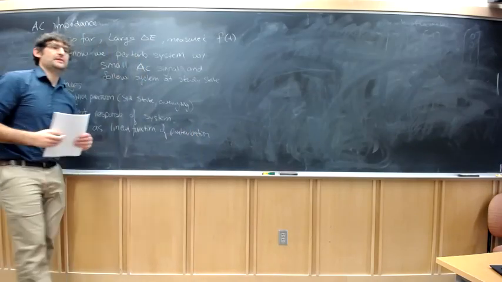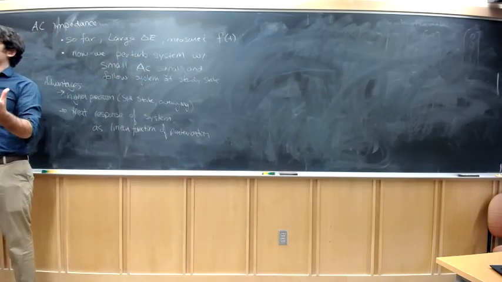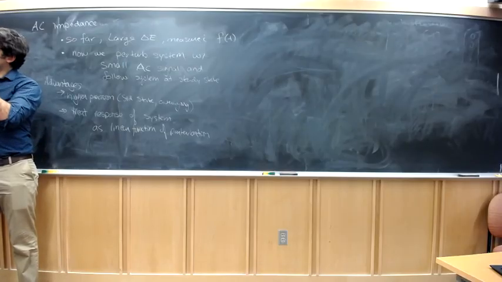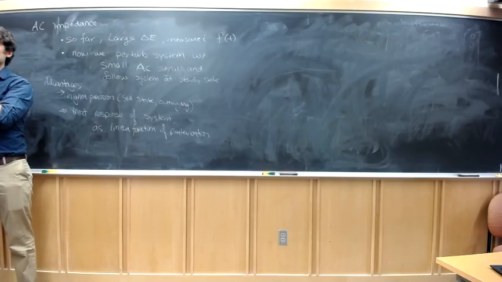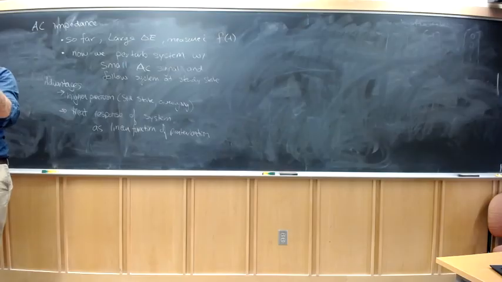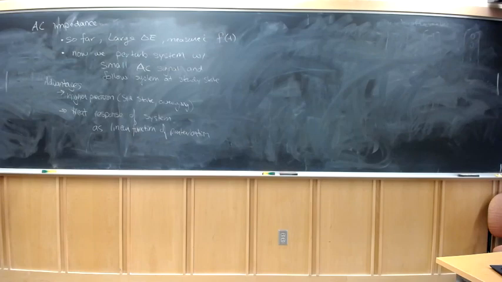We can do that because pretty much any function you look at, if you look at it on a small enough perturbation, looks linear, right? If you want to think about it, it's a Taylor series expansion of the response to the perturbation, and that expansion is going to be dominated by the linear component if it's a sufficiently small perturbation.